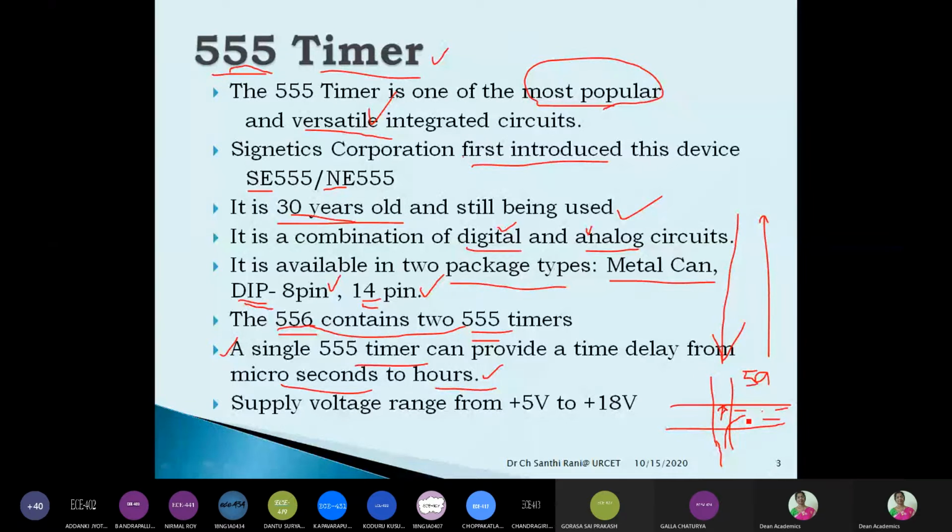So when this count is over, then the red light will be off and the green light will be on. So like that, these traffic lights are used to control traffic, and how long they will be in on condition, how long they will be in off condition, all that is dictated by the timer circuit inside. So this uses your 555 timer.